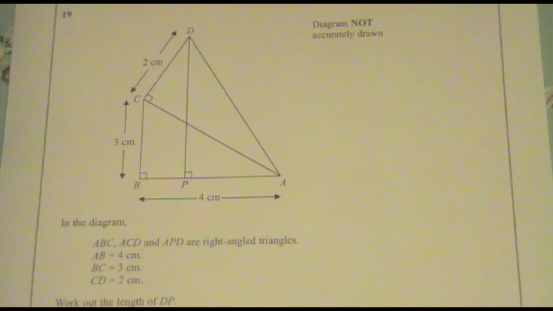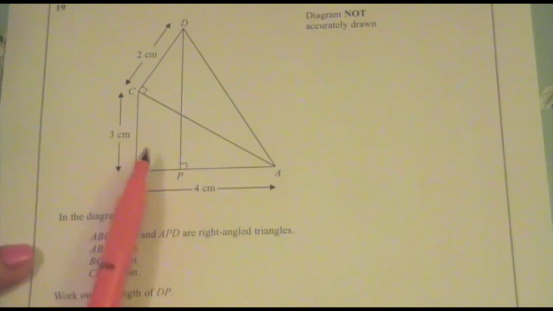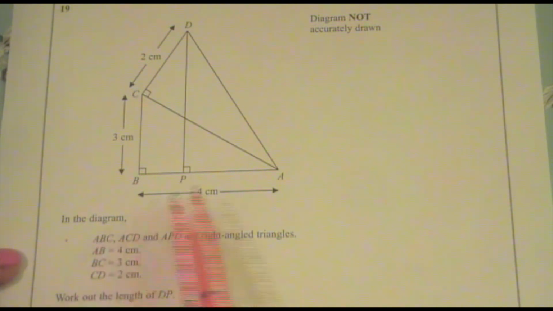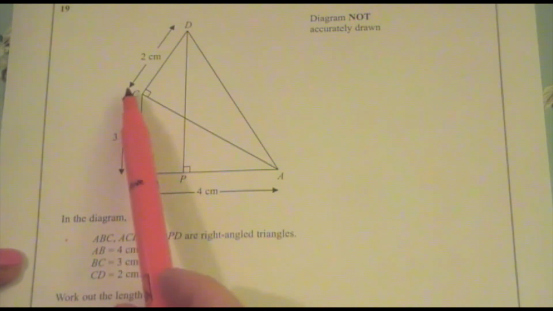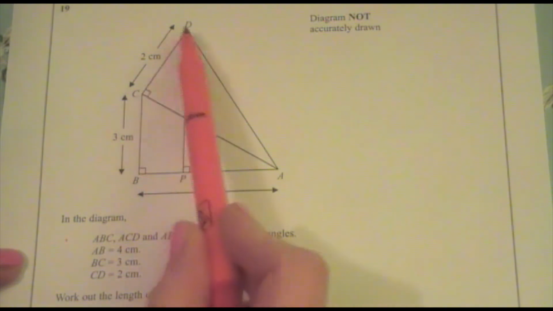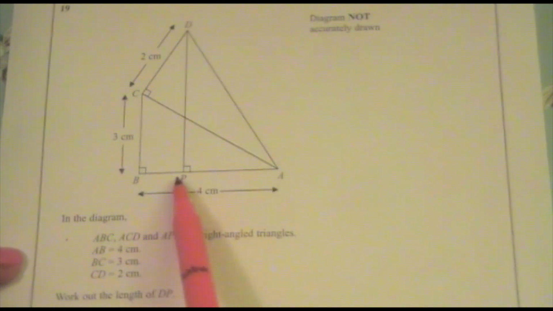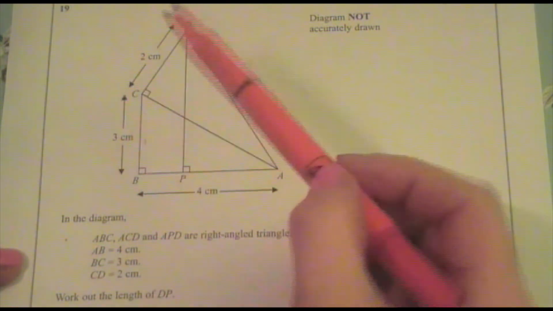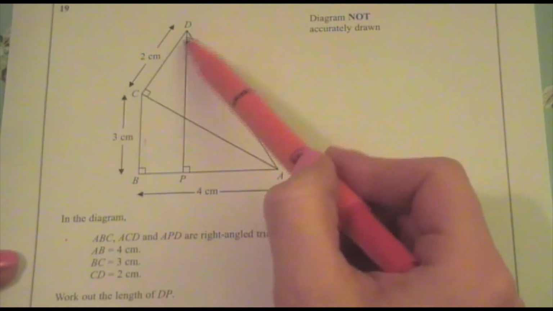Question 19. I'm given a diagram which looks like it's got a few triangles in. It says in the diagram A, B, C, A, C, D and A, P, D are all right angle triangles. AB is 4 centimetres, BC is 3 centimetres and CD is 2 centimetres.